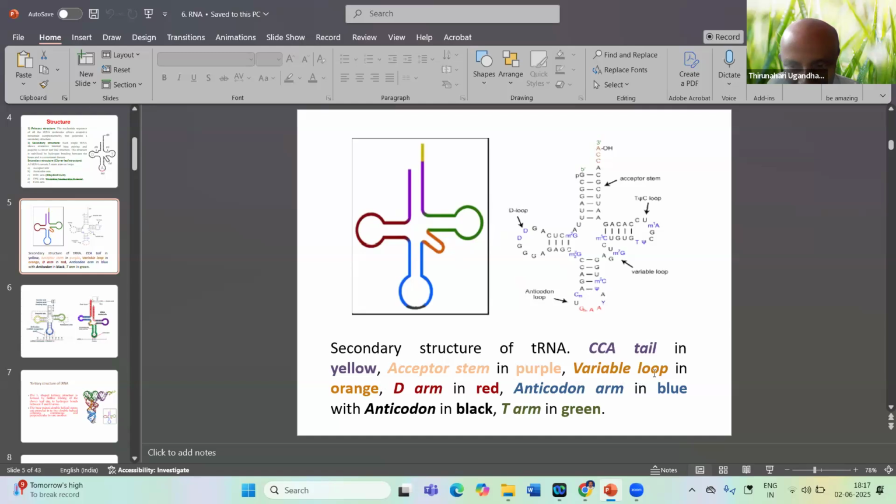In purple, the variable loop. In orange, the D arm. In red, the anticodon arm, in blue with the anticodon. In black, the T arm, in green.